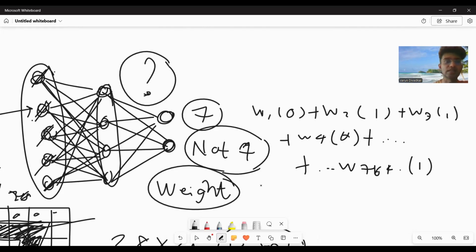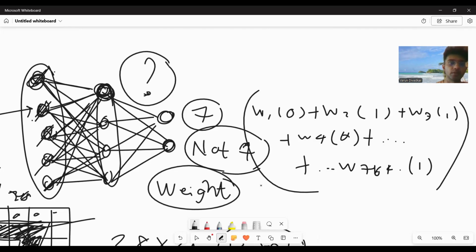This is what is happening over here. And then this weighted product is going into one node, from each of them. Similarly, there are certain other weighted products going to another node.